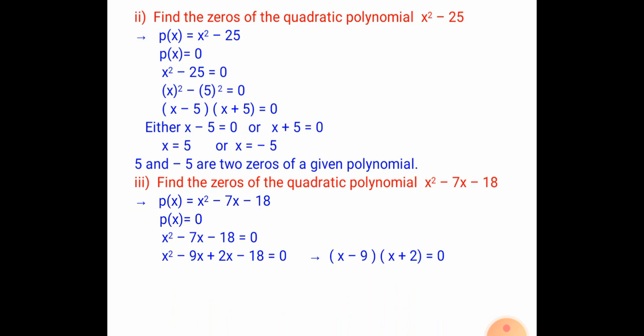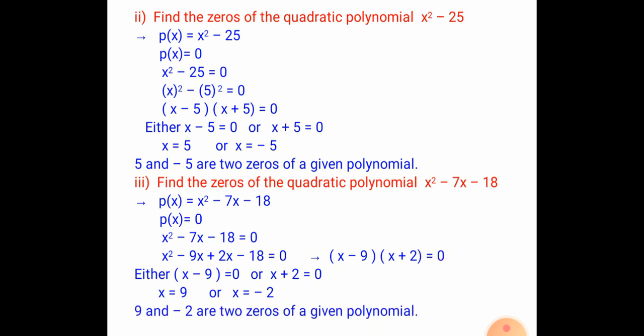So you get two factors here, x minus 9 and x plus 2. You have to say that both the factors are equal to 0 and get the values 9 and minus 2. So your final answer is the zeros of the given polynomial are 9 and minus 2.